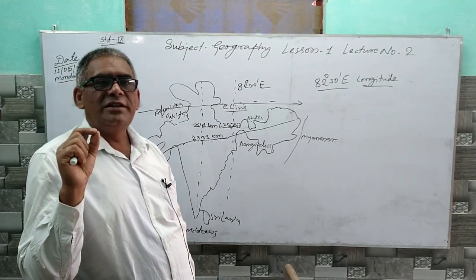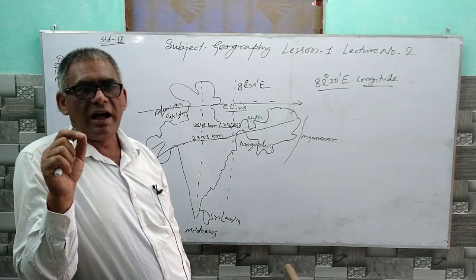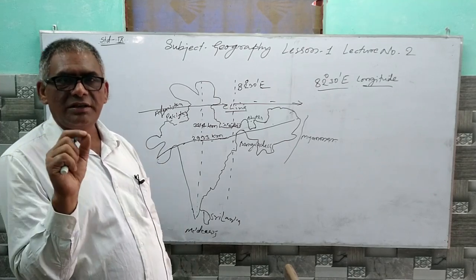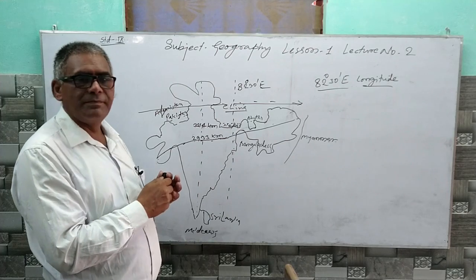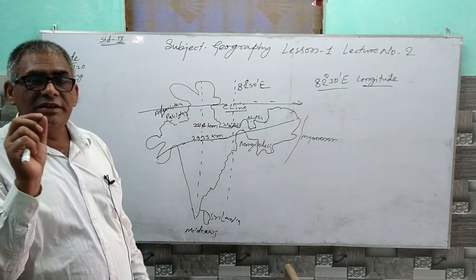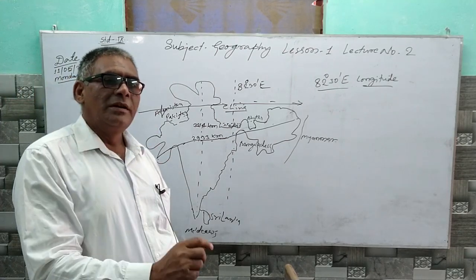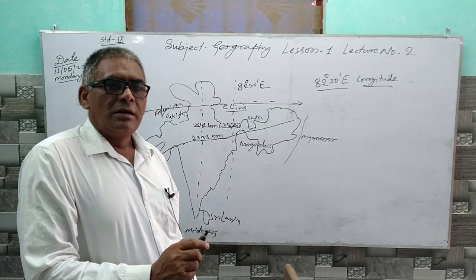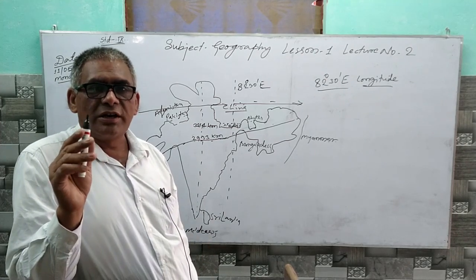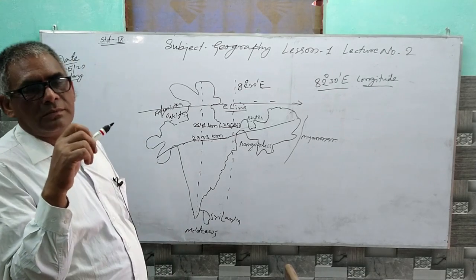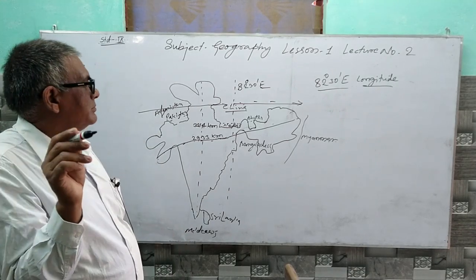It is called Indian Standard Time, IST. This Indian Standard Time is 5 hours 30 minutes ahead of Greenwich Mean Time, GMT.